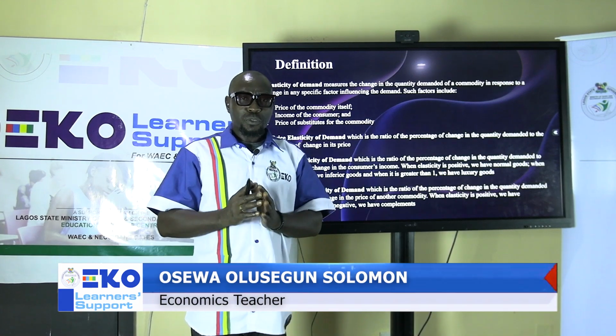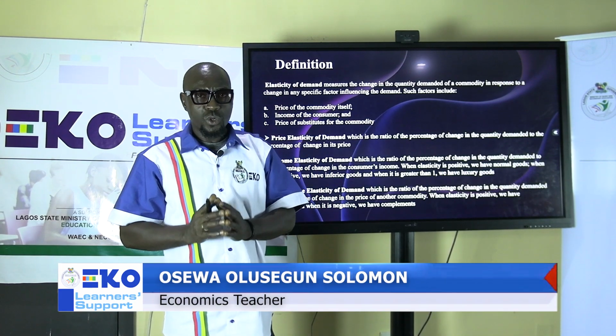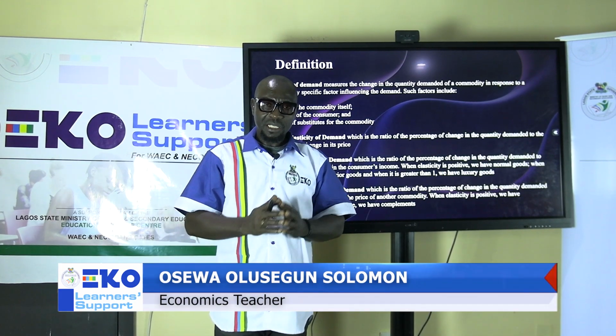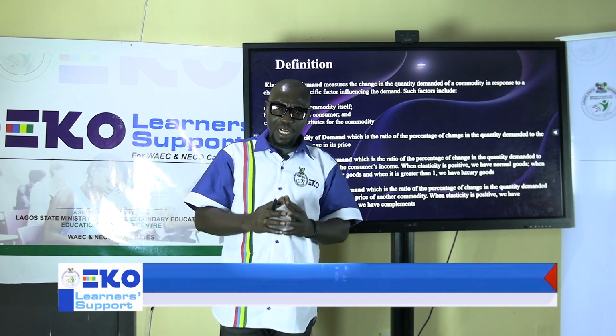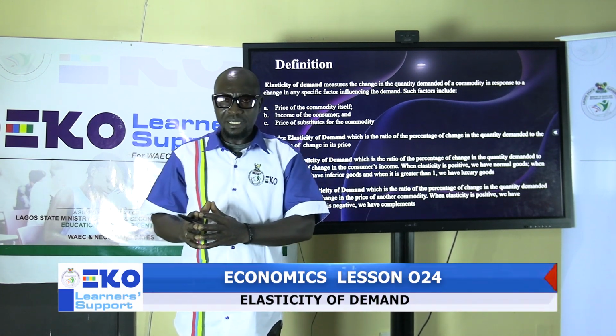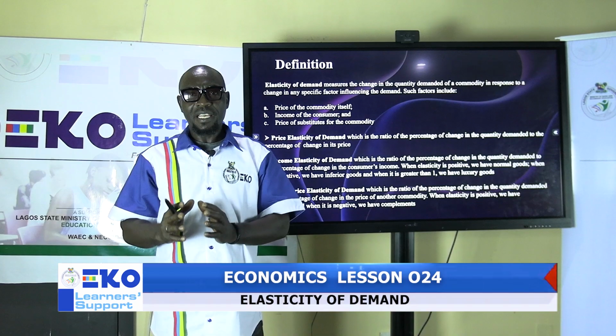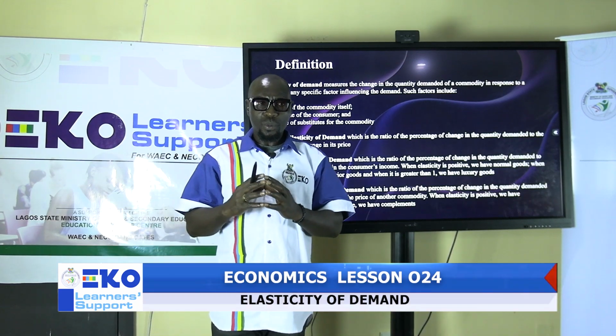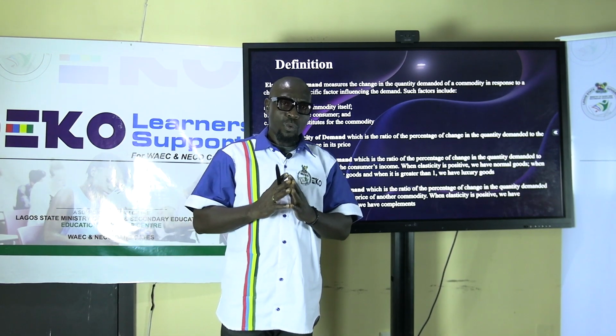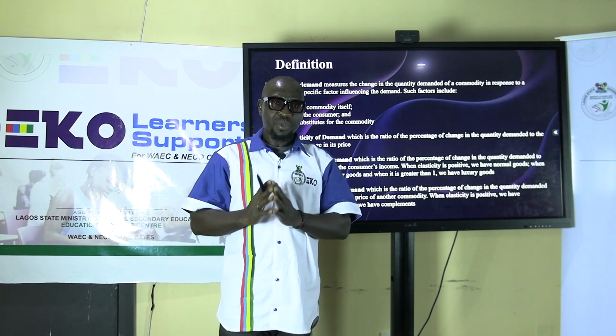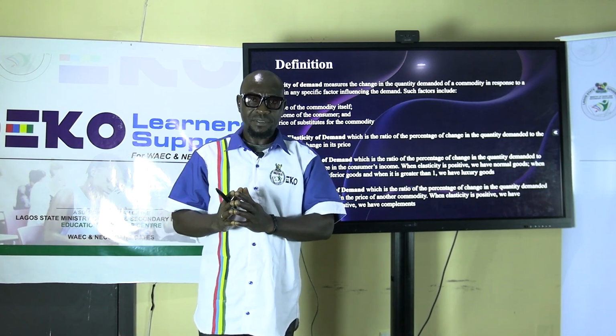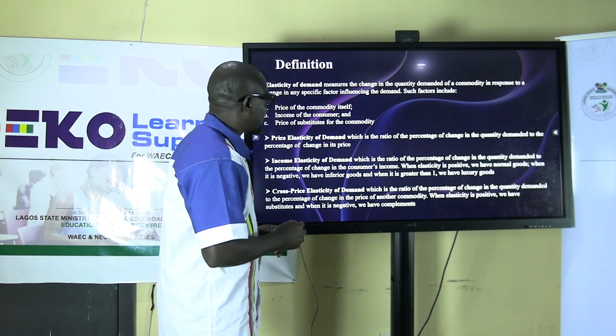When the cross-price elasticity of demand of a good or a commodity A to change in price of another commodity B is positive, then those goods or commodities are substitutes. Whereas if the cross-price elasticity is negative, then they are complements.